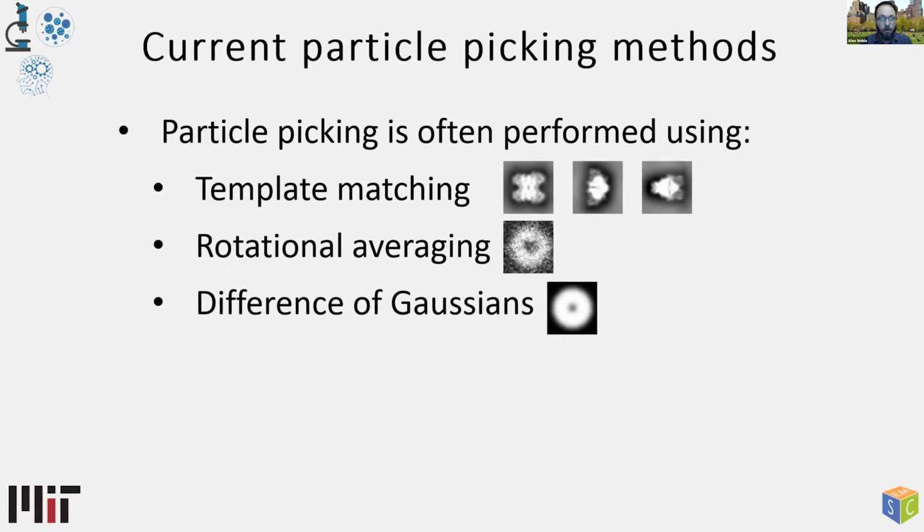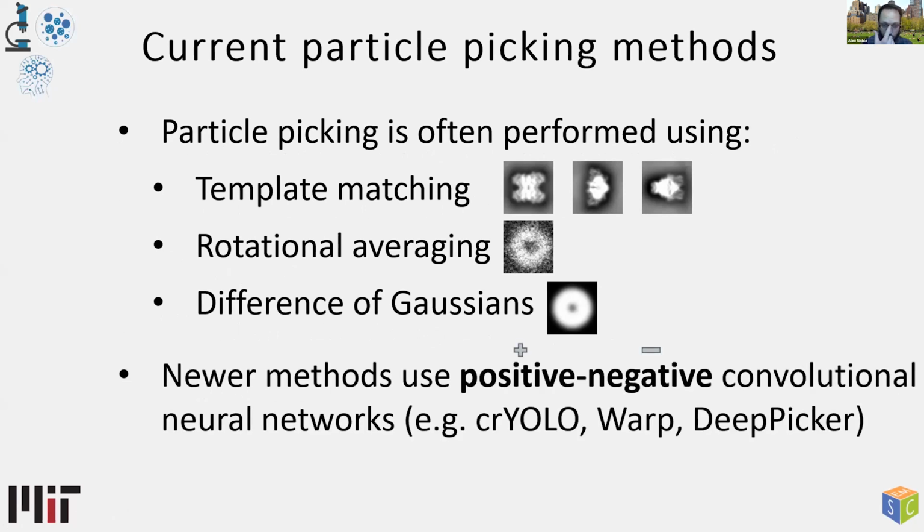All right, so current particle picking methods. Conventionally, we've always used some form of template picking or rotational averaging or difference of Gaussians or Laplacians in order to try to geometrically, at least in 2D, identify particle locations. More recently, we've had some positive-negative convolutional neural network software come out, including Cryolo, Warp, Deep Picker, and these either implicitly or explicitly require that you label what things are a particle and what things are not a particle in training the neural networks.